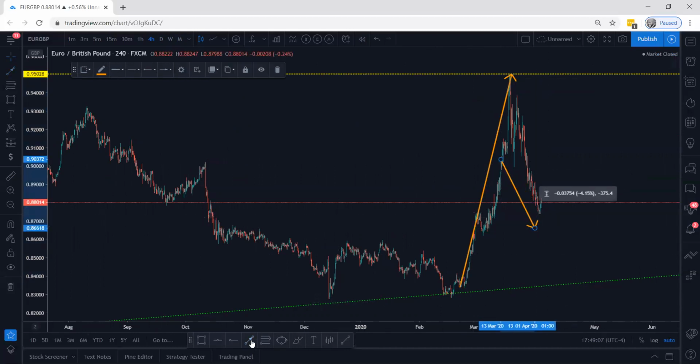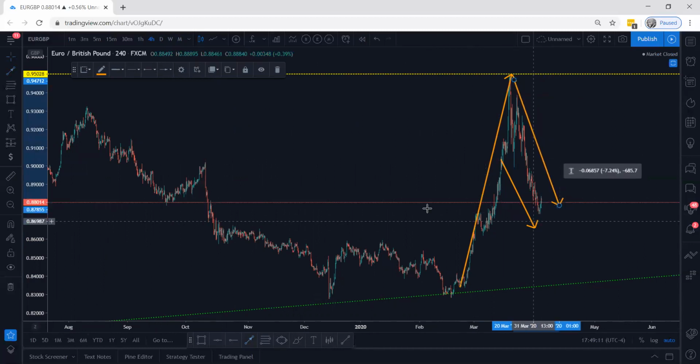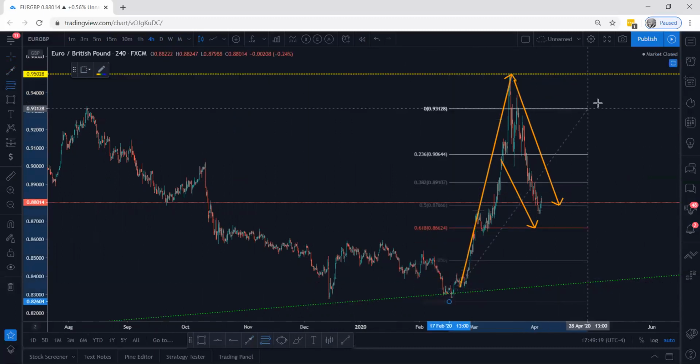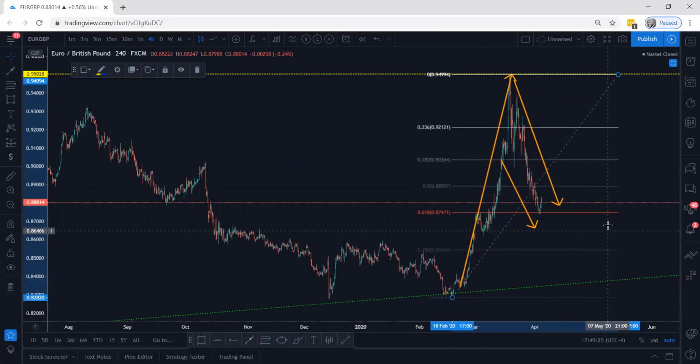I have a correction. Again, you can pull a fib. Price is respecting the 61.8 area.